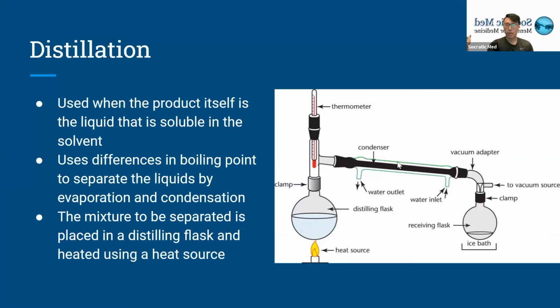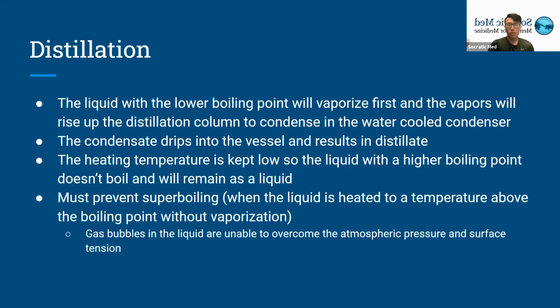The differences in boiling point are the deciding factor on what the identity of the liquid coming out is. Like I said before, the liquid with the lower boiling point will vaporize first. The vapors will rise up into the distillation column and into the condenser that is cooled by cold water, and the condensate will drip into the vessel. That condensate, the liquid that comes out, is known as the distillate.